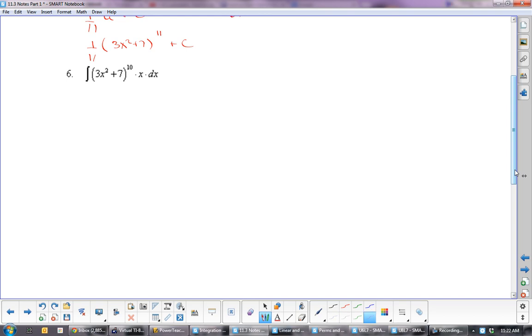Okay, last example of the day. What's u? 3x squared plus 7. du over dx. Holy, loving this 3x thing. Okay, is 6x. Okay, so we're doing the integral of u to the 10 x. Oops, I forgot to do this part. du over 6x equals dx, times du over 6x. x's cancel.